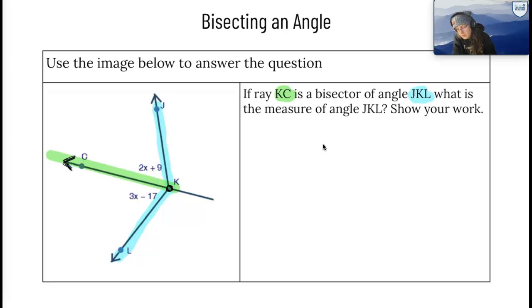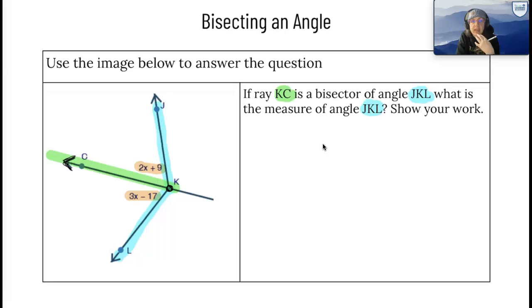We'll do that in blue too. So what do we know is the first thing? What do we know about these two angles? We know that they're equal, right? So we know that 2x plus 9 is equal to 3x minus 17.